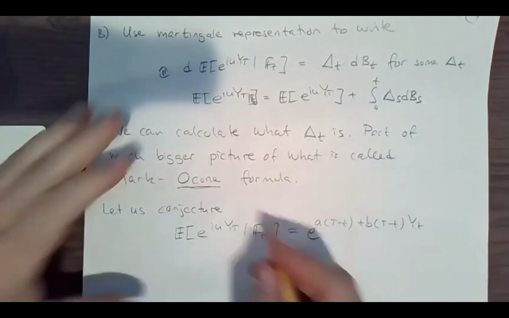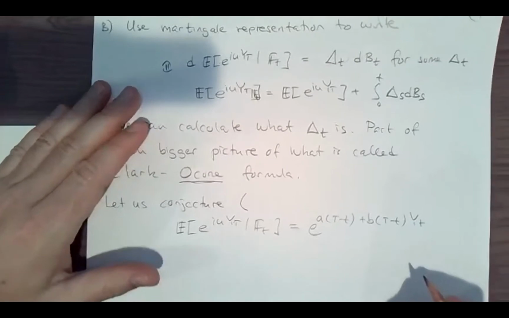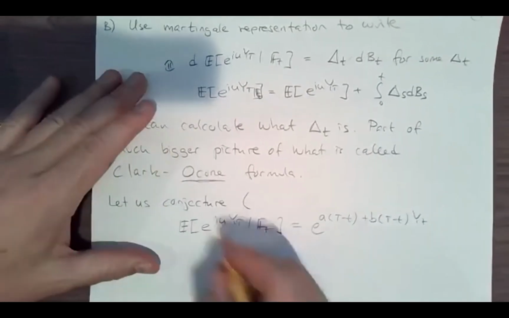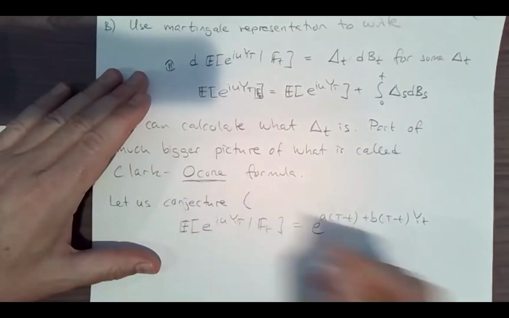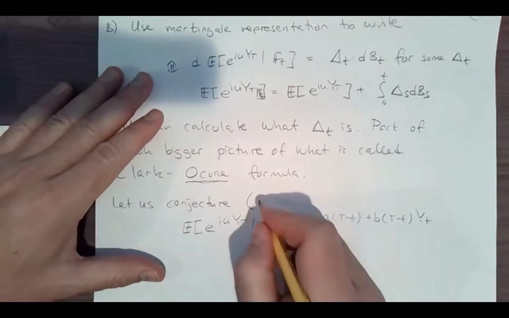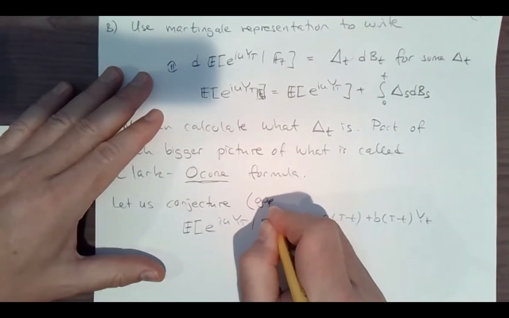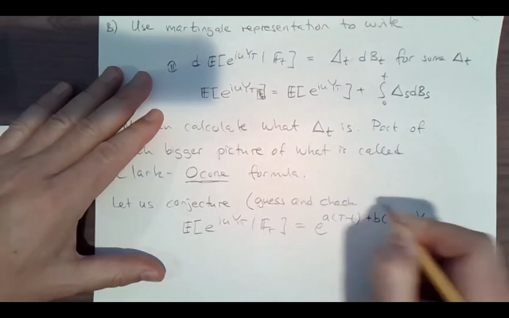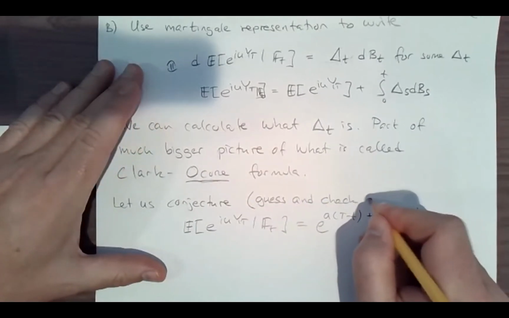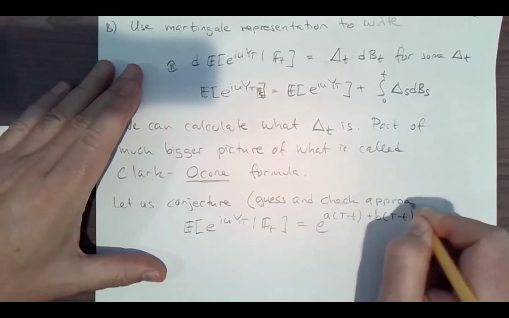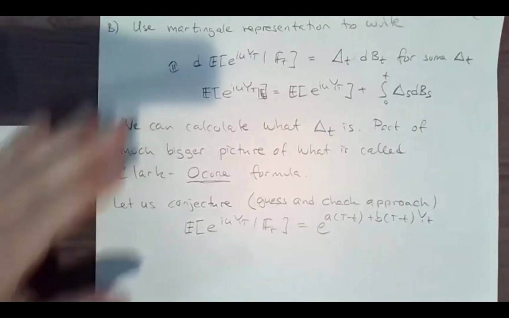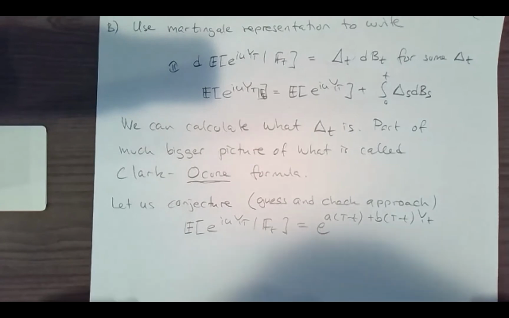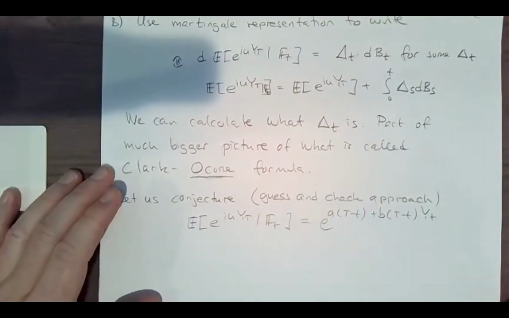So this here amounts to, if you ever saw ODEs in a calculus class, this is like a guess and check approach. We're going to come up with a conjecture, I guess, and then we're going to see if it works.